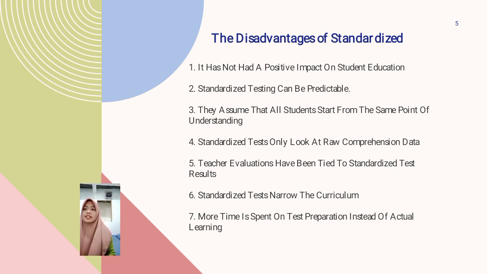Number 6, standardized tests narrow the curriculum. According to the Center on Education Policy, from 2001 to 2007, school districts in the United States reduced the amount of time spent on social studies, creative subjects, and science by over 40%.